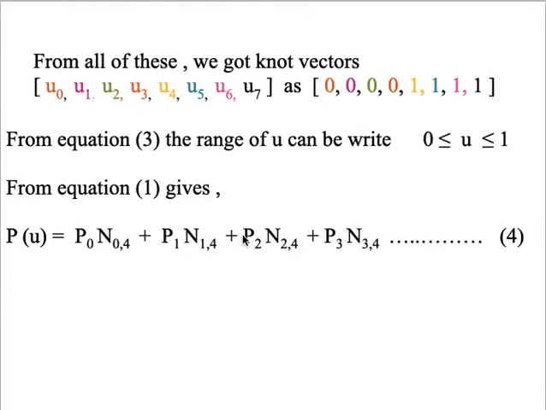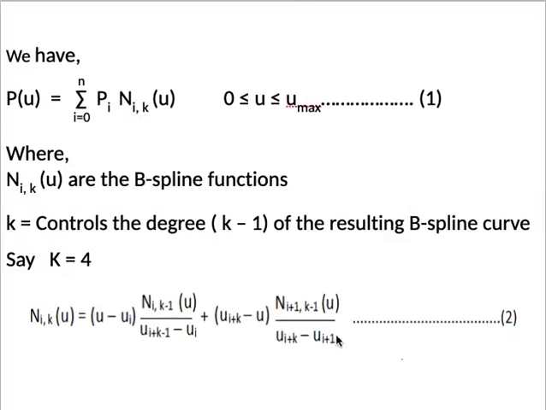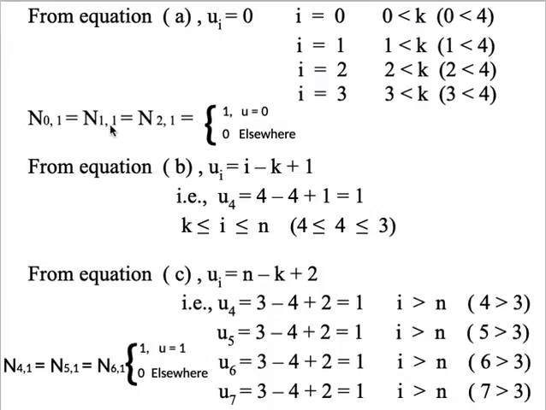So next, from this equation 2, I can say that N0,2 is not there, because now see here, N0,1, N0,2 is not there, N0,3 is also not there, N0,4 is not there, isn't it?